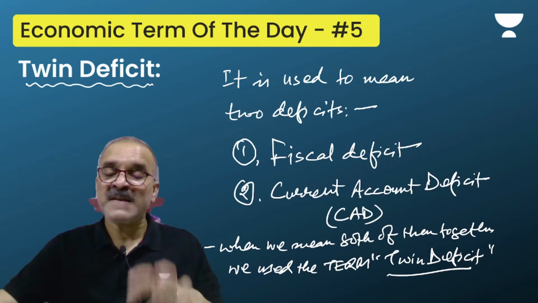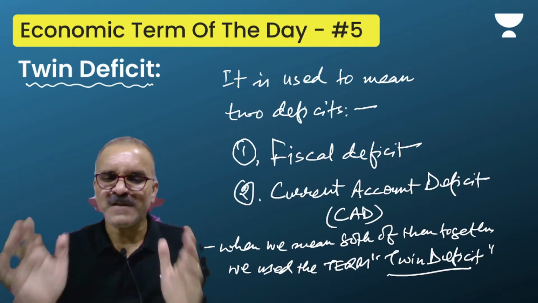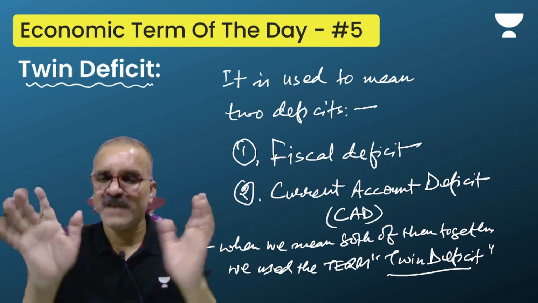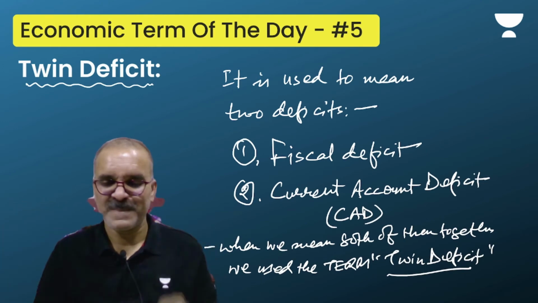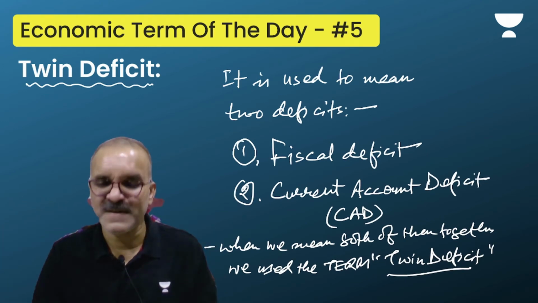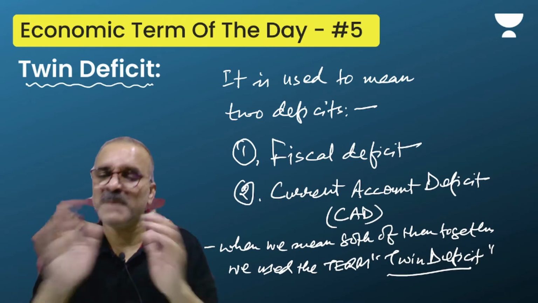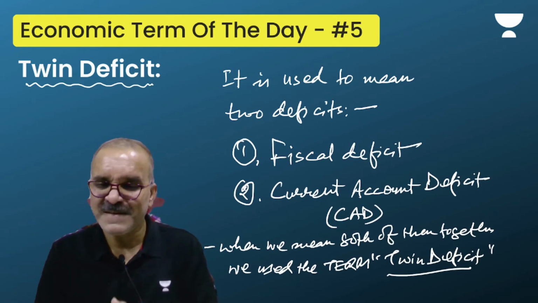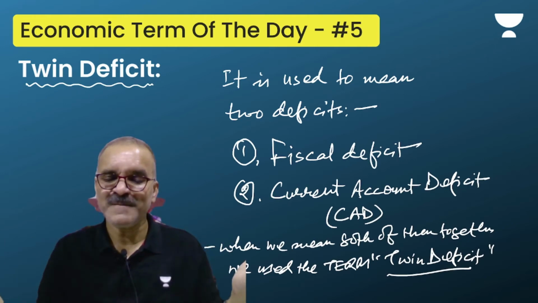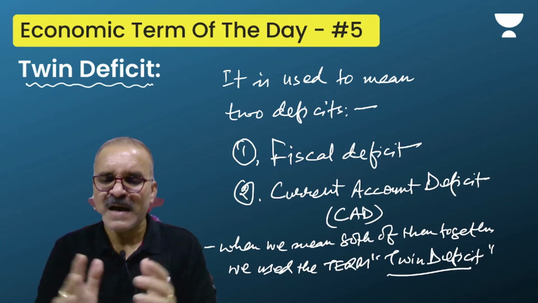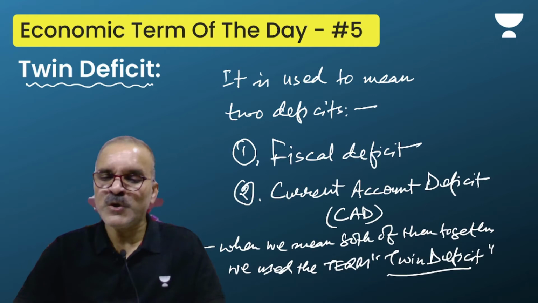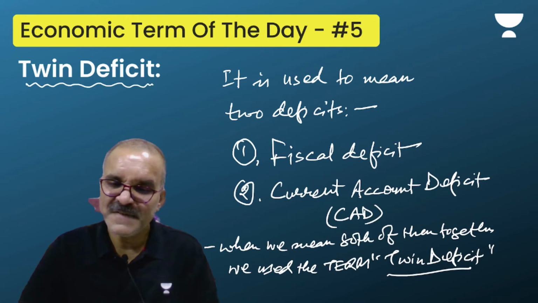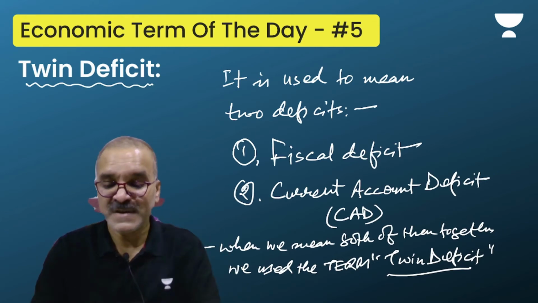When an expert says the twin deficit of India is increasing very fast, or is becoming unsustainable, it means financially unsustainable. They mean either both of the deficits are rising, or at least the combined deficit of India is rising. So twin deficit means both deficits, fiscal deficit as well as current account deficit.